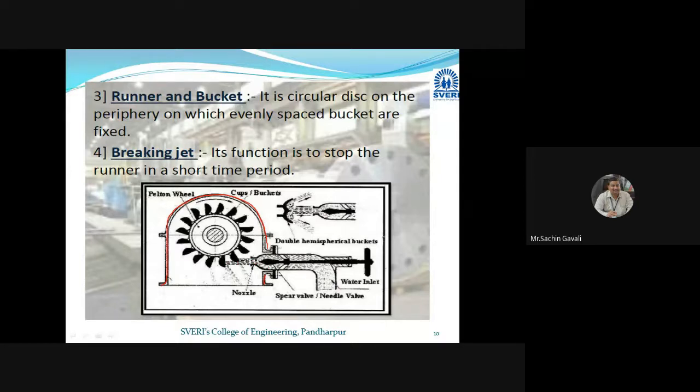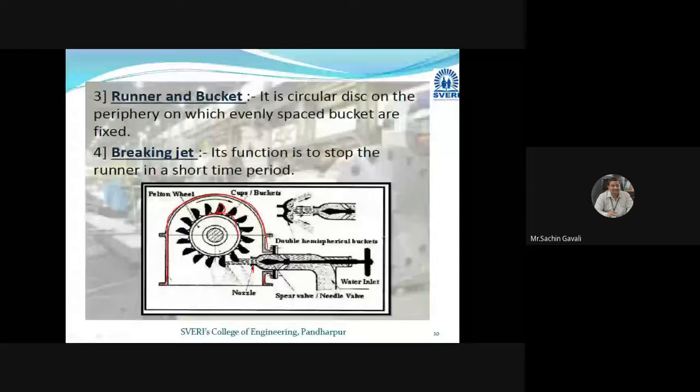Nozzle means what? It converts potential energy into kinetic energy. So at the end of the nozzle, a high pressure kinetic jet of water flows onto the blades, the buckets of the turbine. These are called cup buckets. These cup type buckets are mounted evenly on the periphery of this runner.